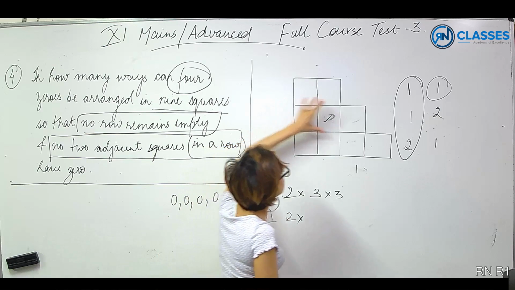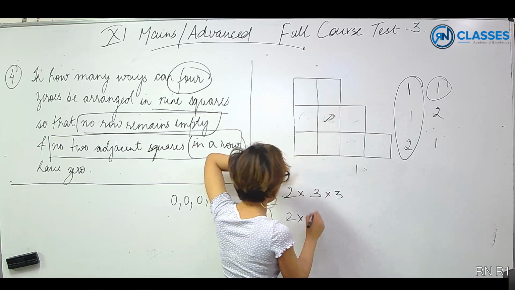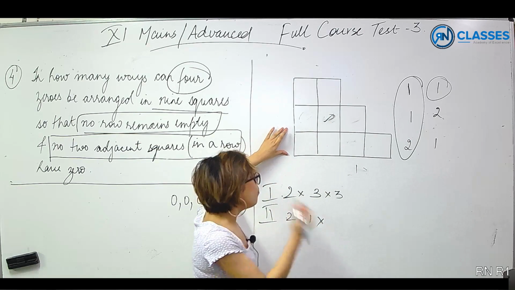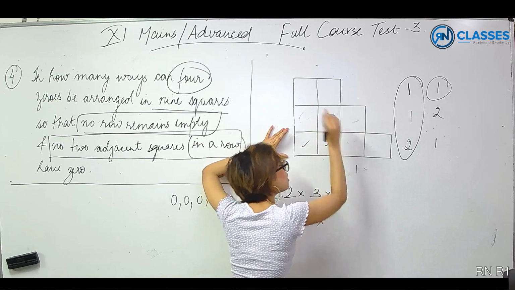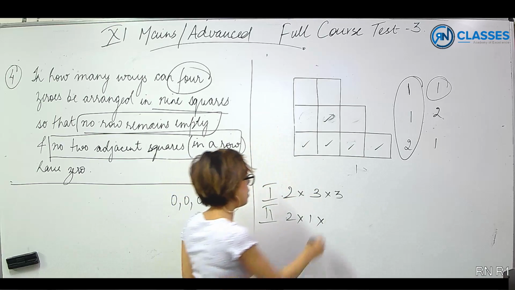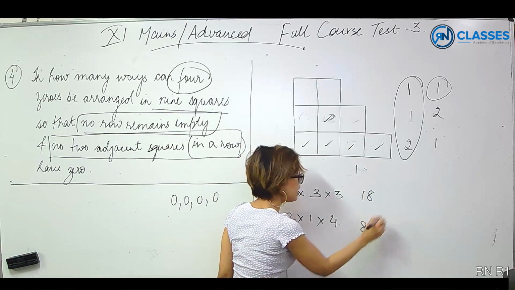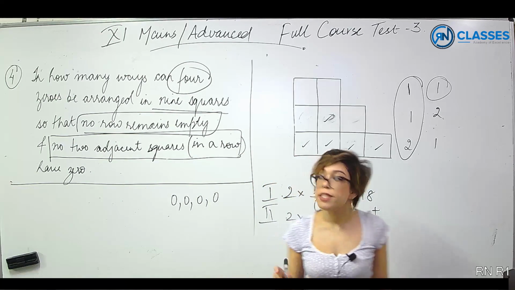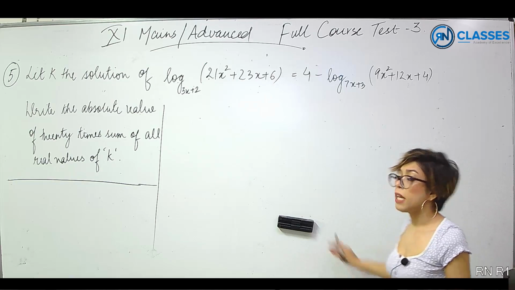So for this one, if I need to put 2 zeros in this row, I just have 1 way. So into 1. Now, here I need to put just 1 0 in this row. Either this one or this one or this one or this one. So in total, I have 4 choices. So into 4. This is nothing but 18. This is 8. In total, I am getting 26 ways.